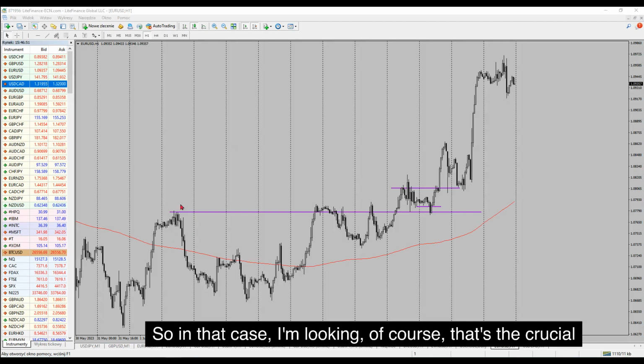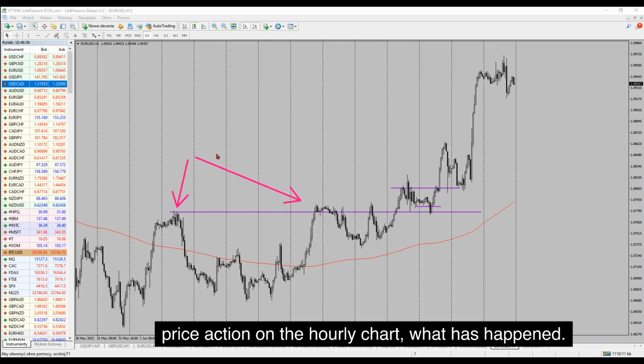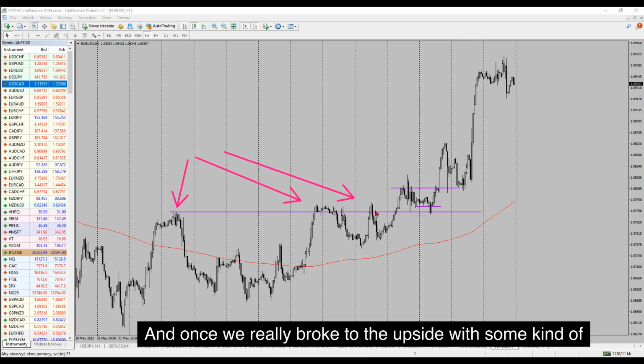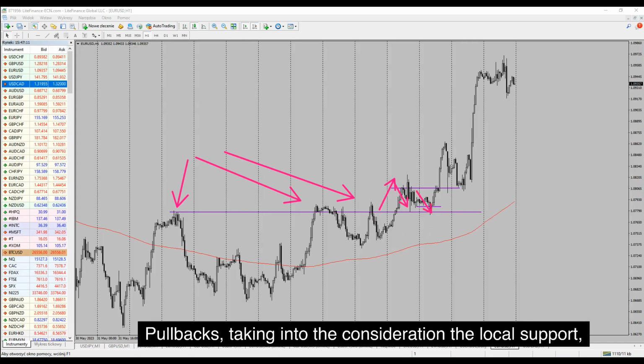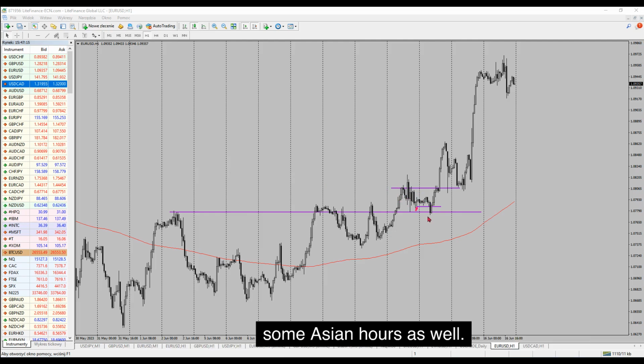So in that case, I'm looking, of course, at the left side at the very beginning, and looking at the price action on the hourly chart, what has happened, and once we really broke to the upside with some kind of momentum, how the market was behaving on these pullbacks, taking into consideration the local supports, some Asian hours as well.